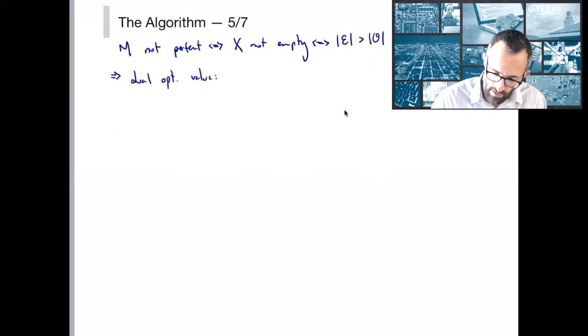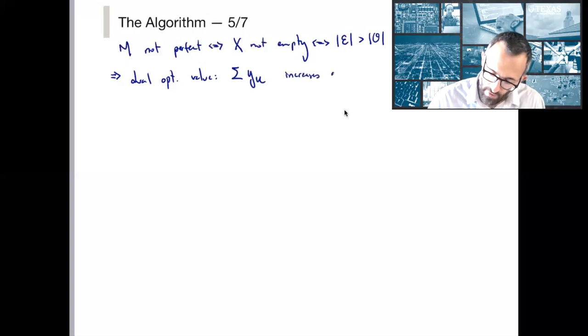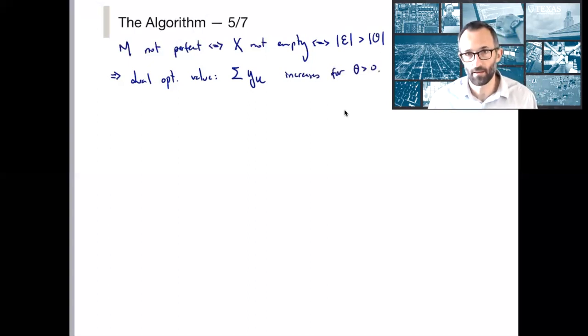That was, remember, just the sum of yu. That's my dual objective that we're trying to maximize. This increases for any positive theta, because I have added theta times the cardinality of even and subtracted theta times the cardinality of odd. And since there's more even than odd, this increases. This is exactly what we expect from a primal dual algorithm.